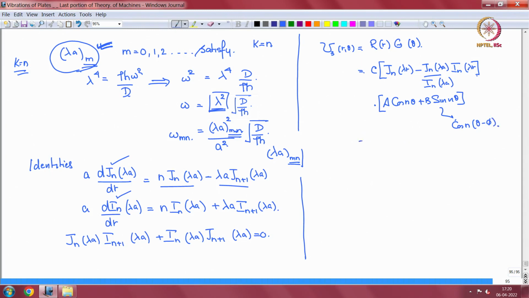So this becomes equal to C times [J_n(lambda r) minus J_n(lambda a) by I_n(lambda a) I_n(lambda r)] cos(n theta minus phi).